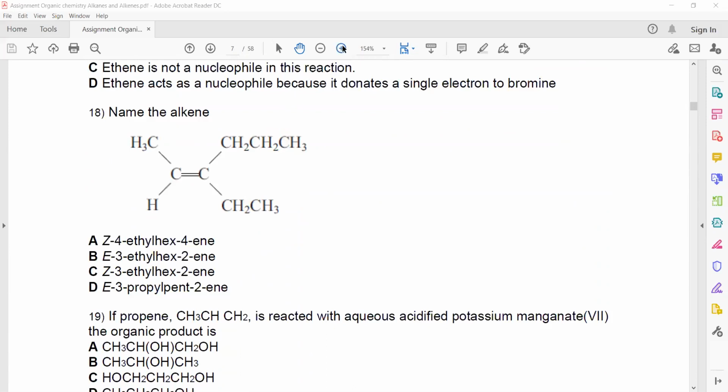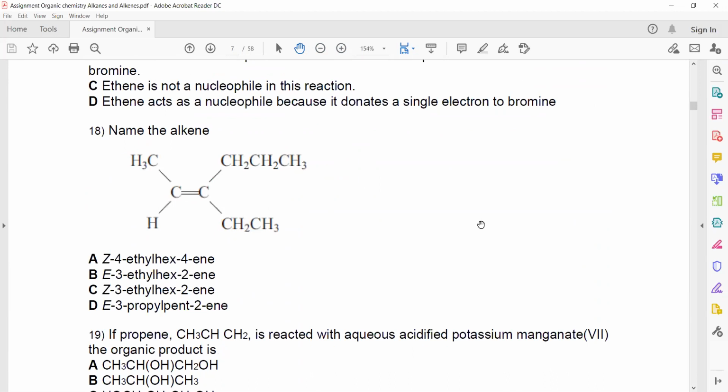Question 18. What's the right answer for question 18?